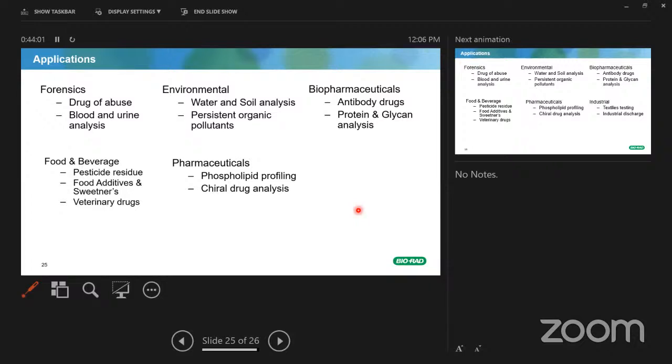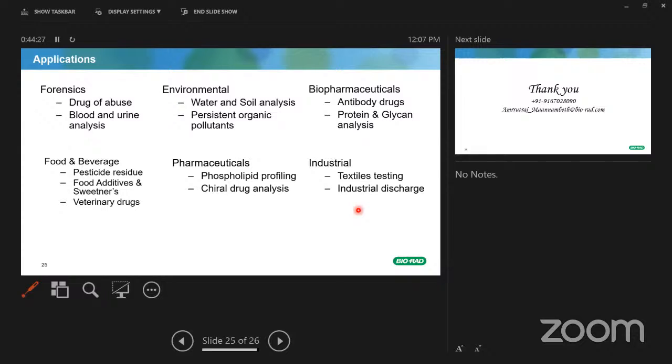Drugs are also like that. One form will be active, the other form may not be active. That's the reason why in pharmaceuticals, HPLC is used with chiral drugs. A particular form may be active, a particular form may not be. Hence, to separate them, HPLC has been used quite extensively.